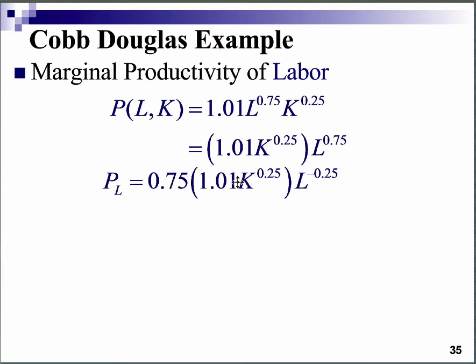We're going to use not only basic arithmetic, basic algebra, but we're also going to use rules of exponents to do that. The 0.75 times 1.01 becomes 0.7575. K to the 0.25 just stays where it's at. But notice L to the negative 0.25 goes down into the denominator and the power changes to a positive 0.25.